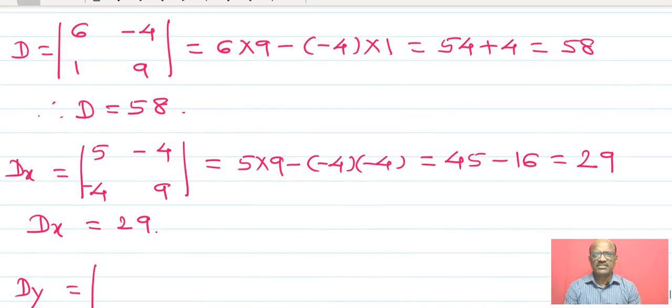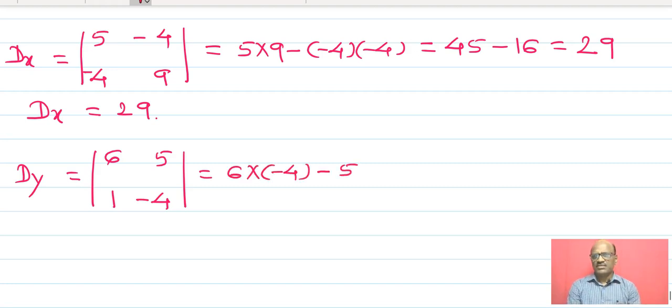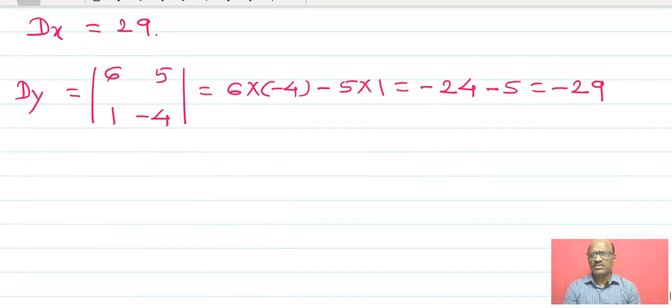Therefore Dx is equal to 29, and find Dy, that is a1 c1 a2 c2, that is 6, 5, 1, minus 4. 6 into minus 4, that is minus 24, minus 5 into 1, that is minus 24 minus 5, minus 29.